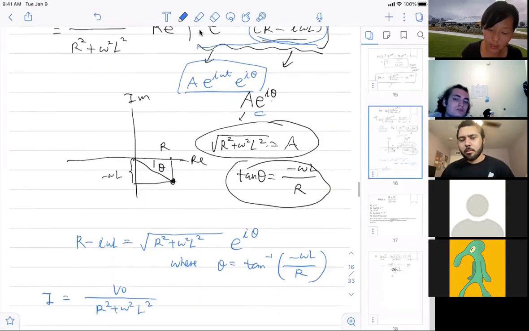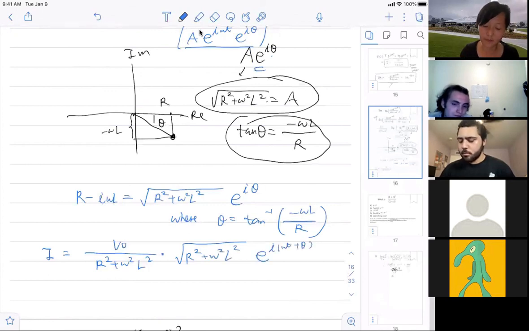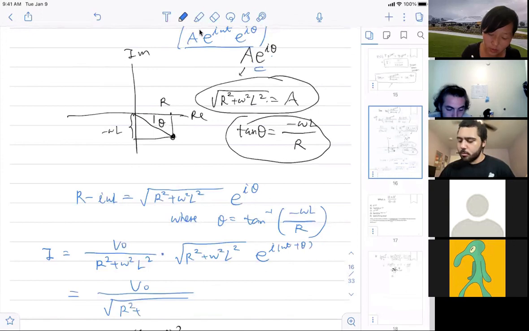So my A is the square root of this, times e to the i omega t plus theta. So current becomes V naught over the square root, e to the i omega t plus theta. So this is still my complex current.